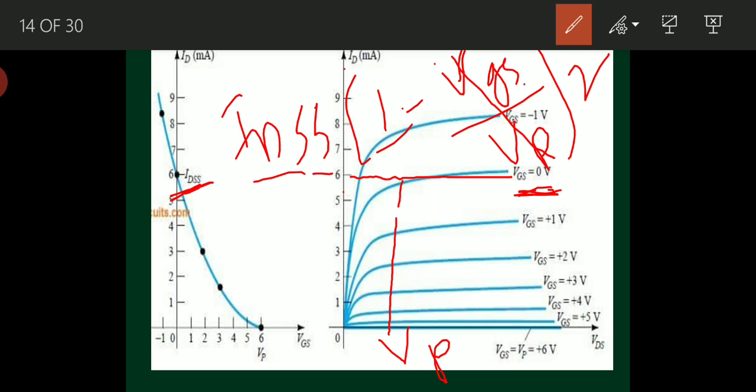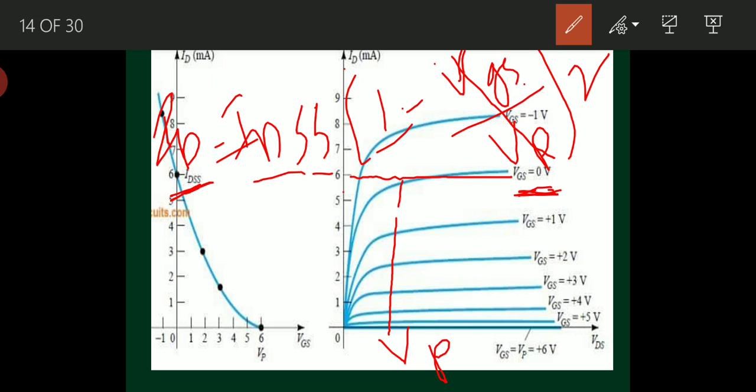Like this, for different values of VGS, we will plot drain current ID equal to IDSS into 1 minus VGS by VP whole square. If we draw a graph between VGS versus ID, then the curve we get is called the transfer characteristic.